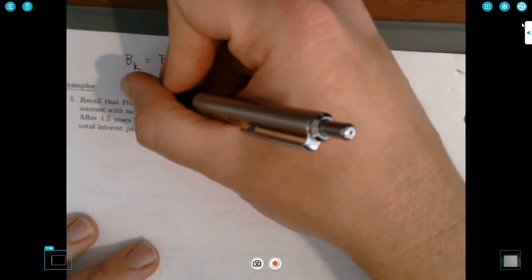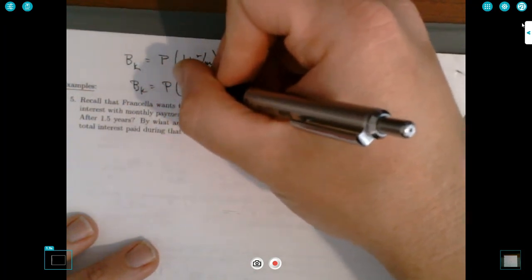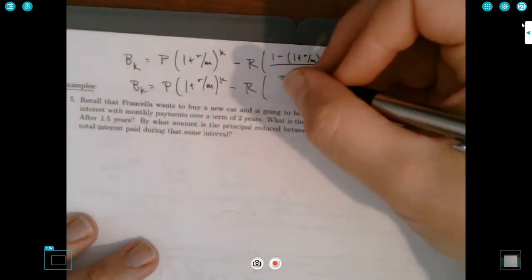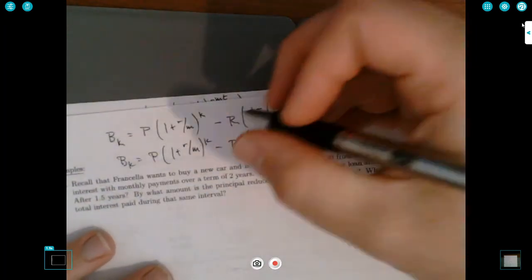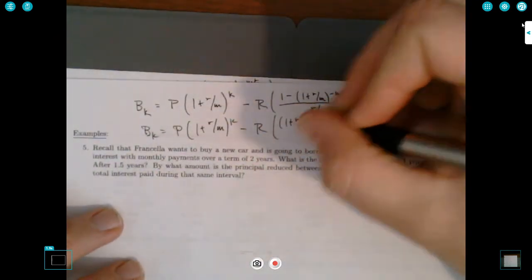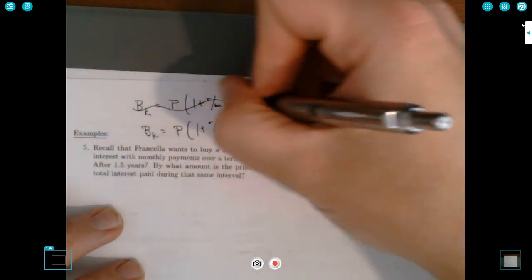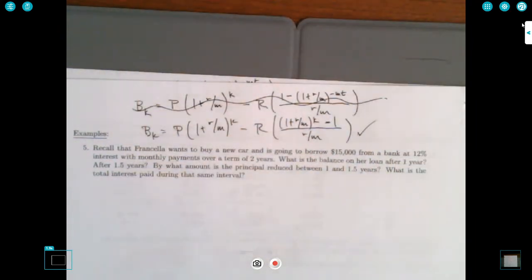So B_K is P times 1 plus R over M to the K, minus R times 1 plus R over M to the K, minus 1, over R over M. So I got that second part of the thing wrong, but this is the formula that we should use. Okay, so let's do it, right?